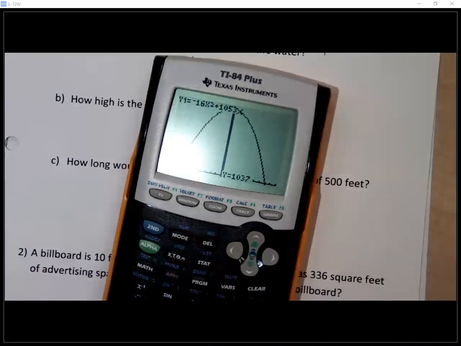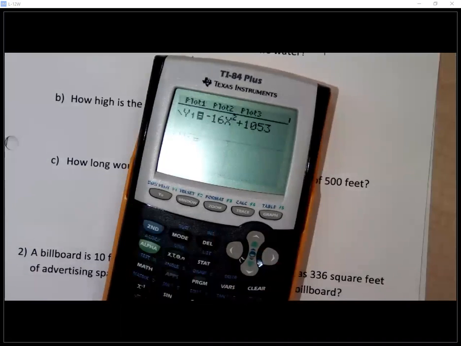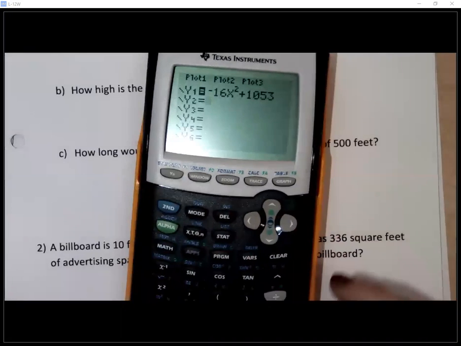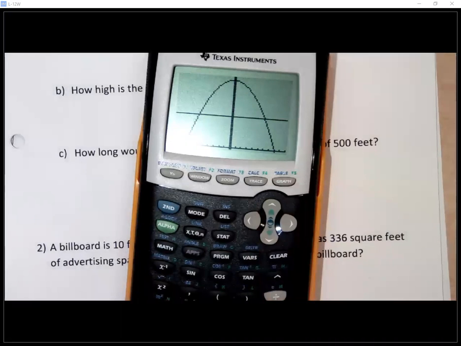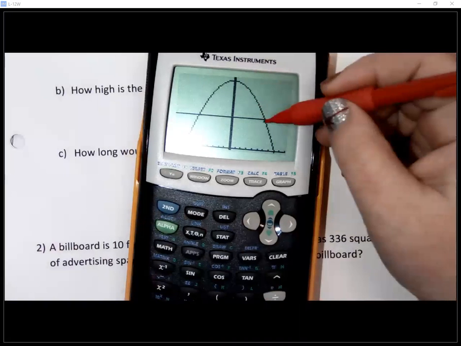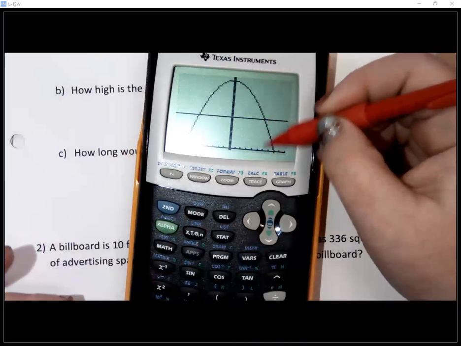If I go back to y equals, and down to y2, and graph y equals 500, see how it draws a line right through my parabola? So when y is equal to 500, I know it's going to happen right here. So all I need is that x value. I can kind of guesstimate, but I'll have the calculator tell me exactly.